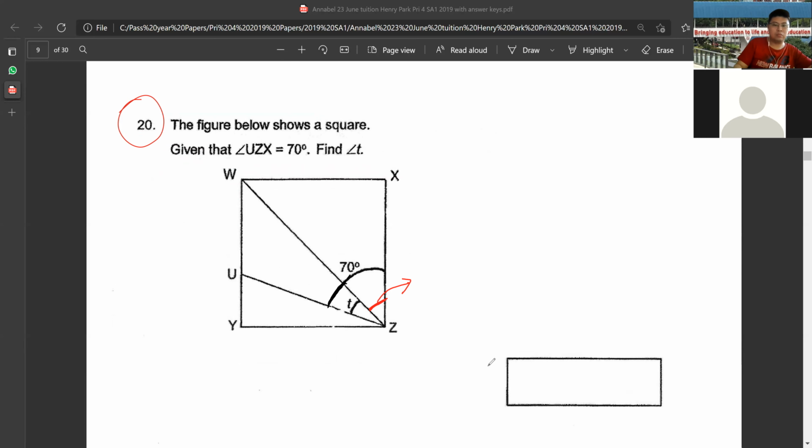You should know, because this is a rectangle, this is a square. Do you know this is a square? They tell you it's a square. 30 degrees? No, here is not 30 degrees.